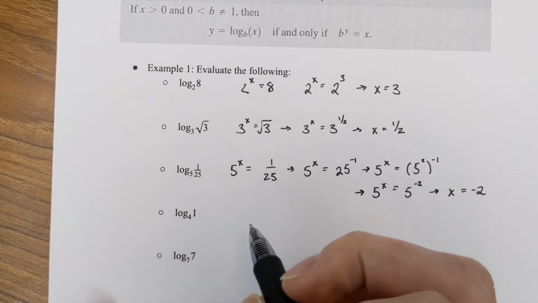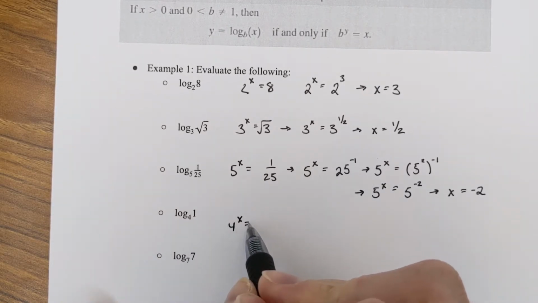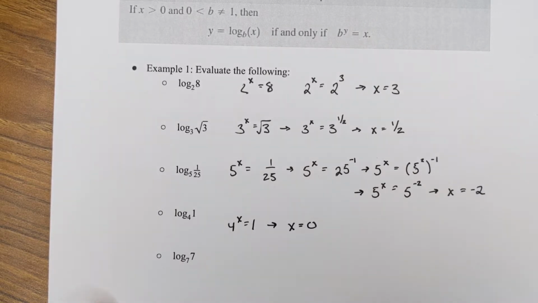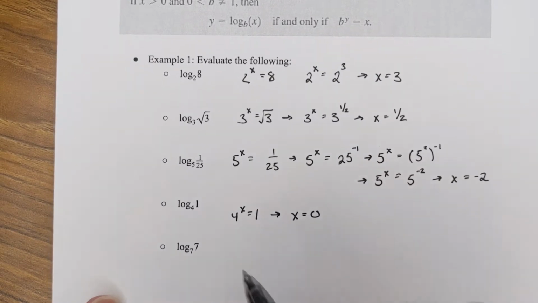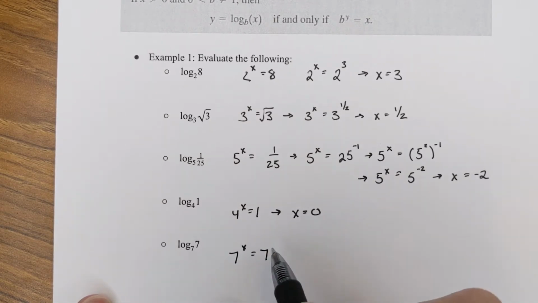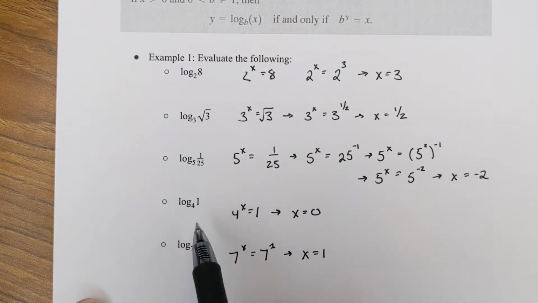So log base 4 of 1, this would be 4 to the x is equal to 1. This is a definition because anything raised to the 0th power is 1. So x has to be 0. And here, this is 7 to the x is equal to 7. Even though it's not shown, this technically has a 1 exponent, which means that x is equal to 1. So these are two definitions.